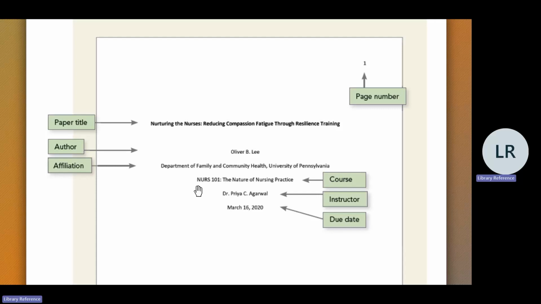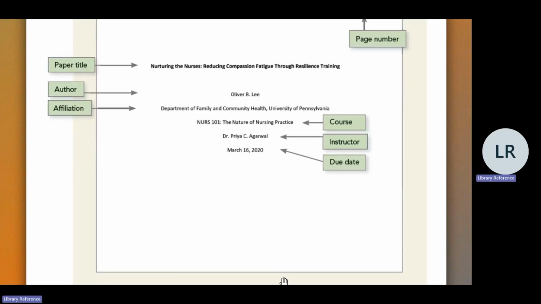Then we have the course number and the course title, the name of the instructor, in our case here, Dr. Priya C. Agarwal, and the due date appearing as month, day, year. Notice that all of this information is centered and it occupies the top half of the page. So you will never see this information down at the bottom of the page. It has to be at the top half.